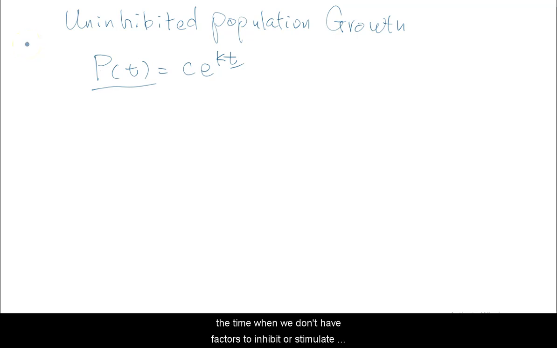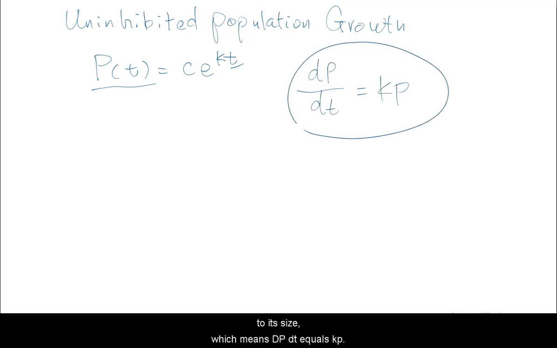When we don't have factors to inhibit or stimulate the population growth, a population would normally reproduce at a rate proportional to its size, which means dP/dt equals kP: the rate of change of the population is equal to k, the growth rate, times P, the population.